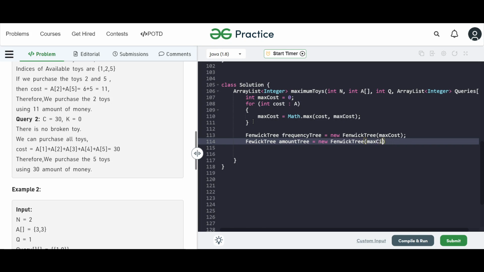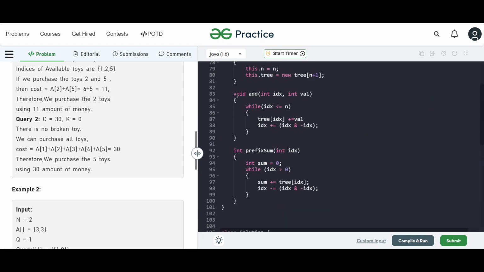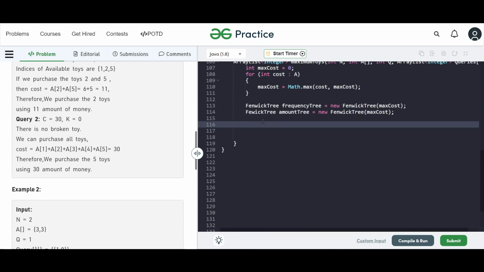Now there can be slightly more optimal ways of building these trees initially, maybe in linear time, but we'll use the n log n way and just rely on this add capability to build the trees.